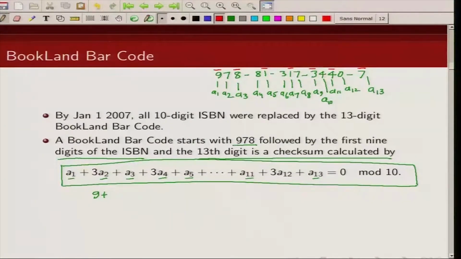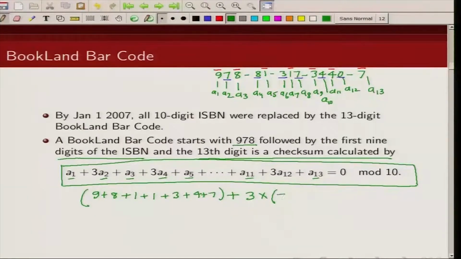So this is 9 plus 8 plus 1 plus 1 plus 3 plus 4 plus 7 plus 3 times the even-position digits. The even-position digits are 7, 8, 3, 7, 4, 0.